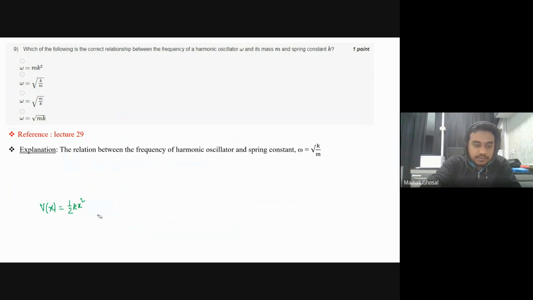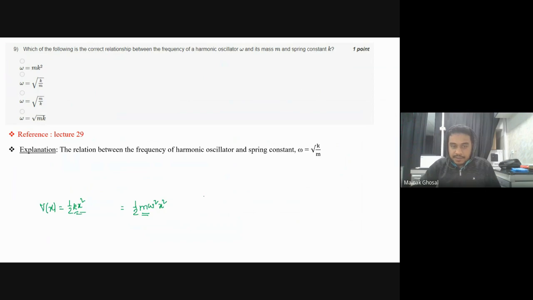So you will get some expression like half m omega square x square. Okay, so whenever you are using this convention, half m omega square x square, you can find that this m omega square is equivalent to this k.